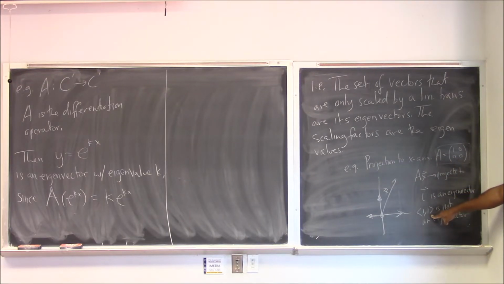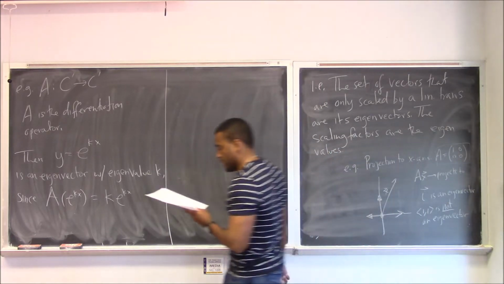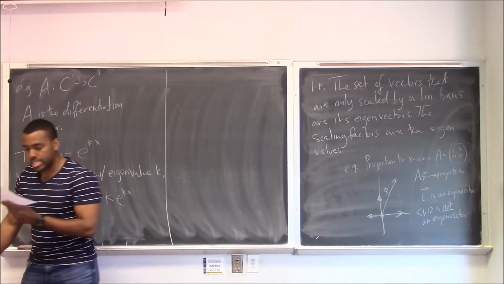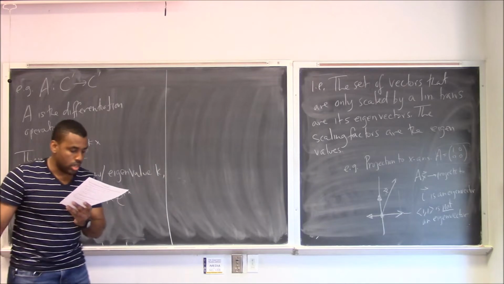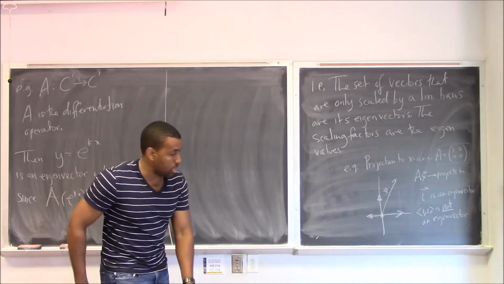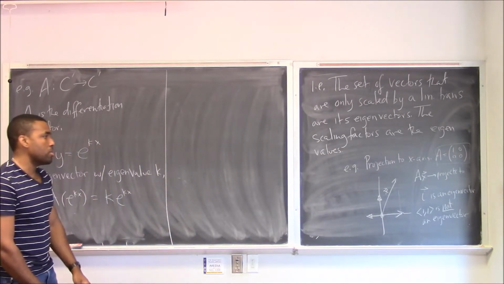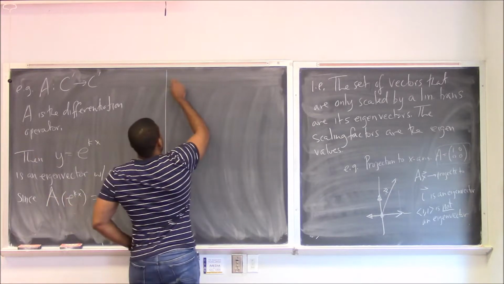However, this guy will completely change his direction. He started out moving at a 45-degree angle to the origin. He ended up moving at a 0-degree angle to the origin. He completely changed his direction. So we only care about the guys that are being scaled by our linear transformations and not fundamentally changing their behavior.